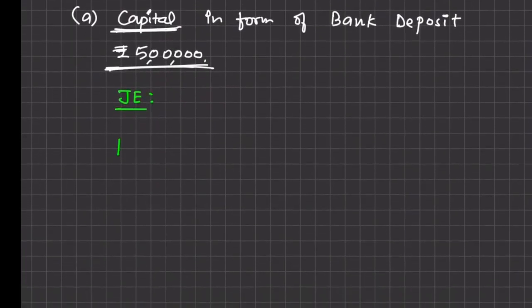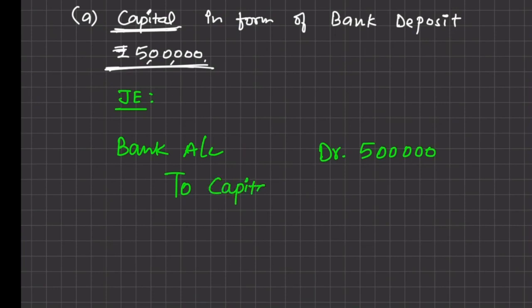So whenever it comes in, bank account will be debited with 5 lakh rupees to capital account, 5 lakh rupees. That is the basic journal entry which we will do.